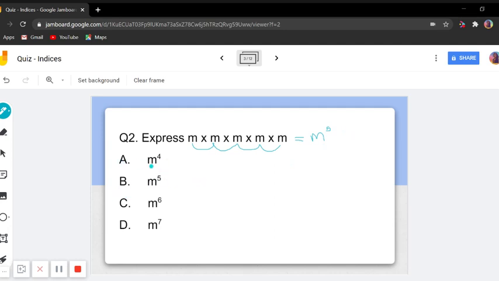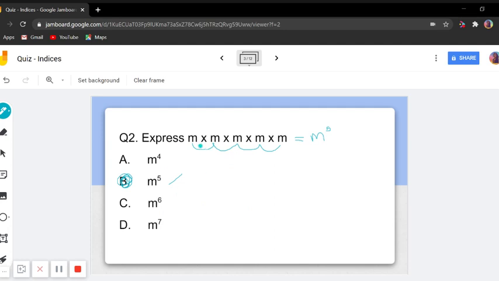A, is it A? M to the power of 4? No. Our answer here is M to the power of 5. Is it B? M to the power of 5? Yes. B is the correct answer. Okay, let's check C, M to the power of 6.